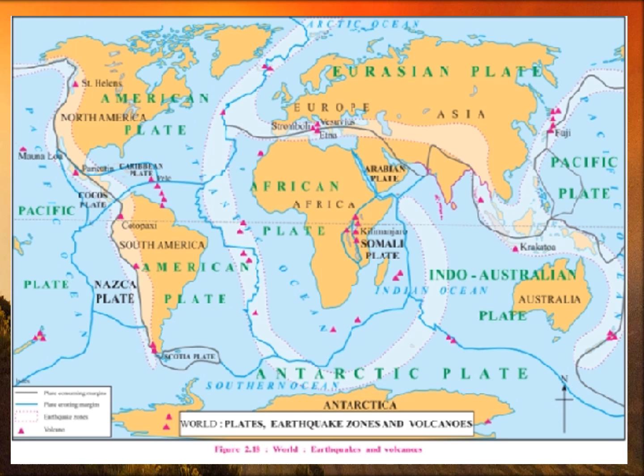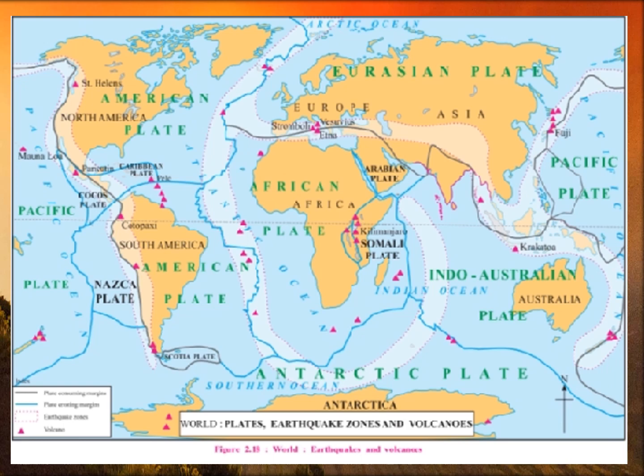As you can see in the index on the left hand side corner, the symbol representing black line is plate consuming margins, blue line is plate creating margins, pink dotted marks represent earthquake zones, pink triangles are volcanoes. Now the major plates, which are shown in green color, are the Indo-Australian plate, African plate, Eurasian plate, North American plate, South American plate, Pacific plate and Antarctic plate. So in total we have 7 major plates.